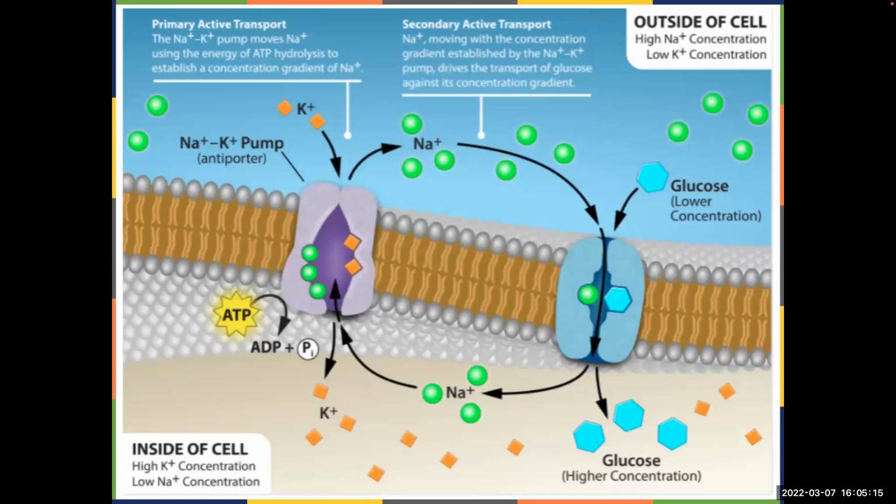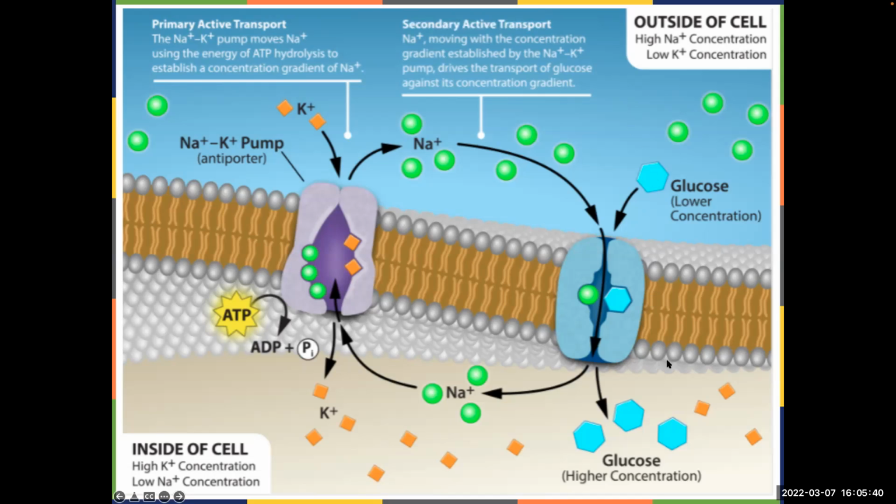So another example is looking at the sodium potassium pump that we just learned as the primary active transport, and then looking at a glucose pump where glucose goes down the concentration gradient. There's more glucose inside the cell, but you want every bit of glucose to go into the cell as possible.